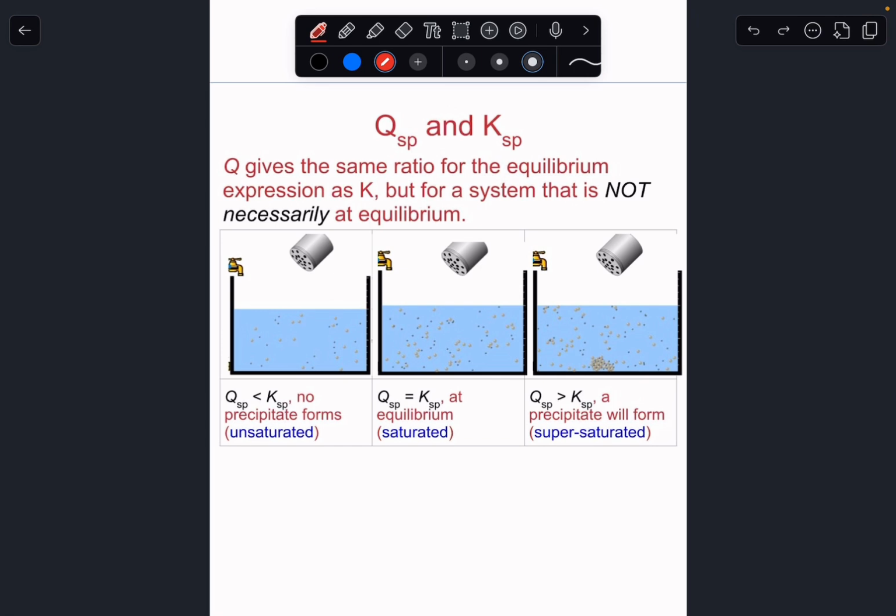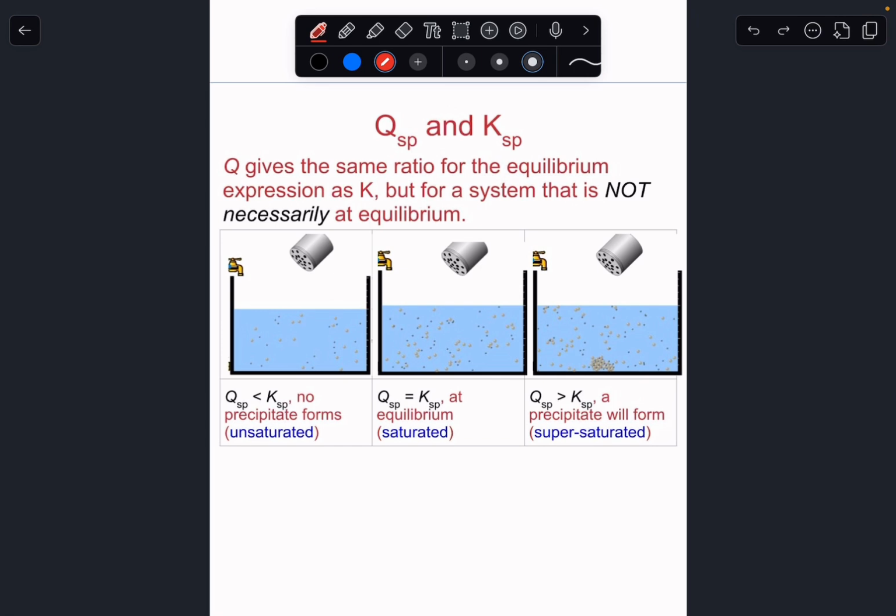Okay, so Qsp and Ksp. As I said before, Q is when the reaction is not at equilibrium. That means the rate of the forward reaction does not equal the rate of the reverse reaction. And Ksp is when the rate of the forward and the rate of the reverse reaction are equal. So Q gives the same ratio for the equilibrium expression as K, but for a system that is not necessarily at equilibrium.